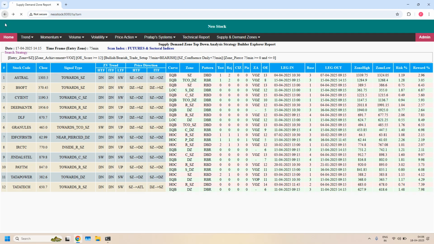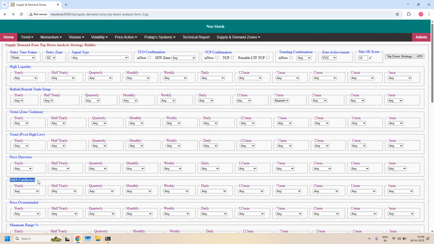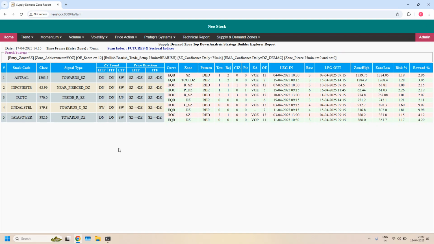So let us filter. In the EMA confluence at daily time frame, I am checking whether the daily supply zone has daily EMA confluence or not. Anyway, daily trend is downtrend. So let's filter. So we got 5 stocks. These 5 75-minute supply zones might have a higher probability of success compared to the other stocks.